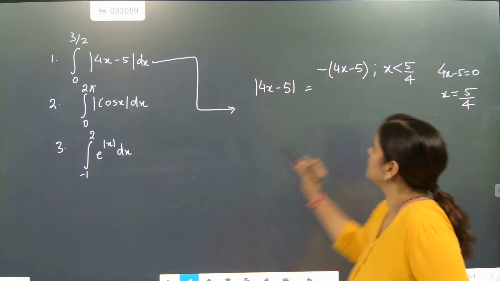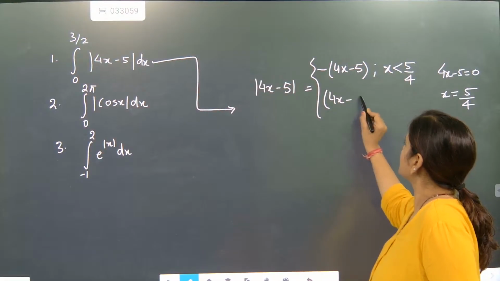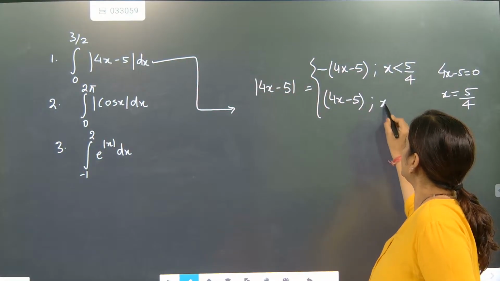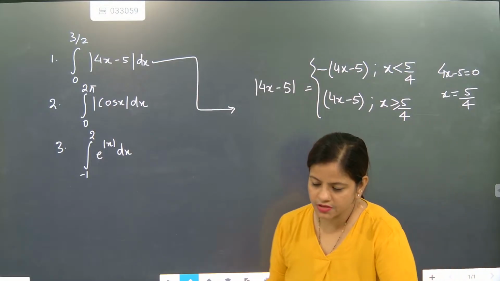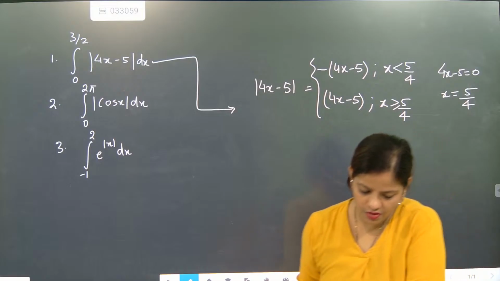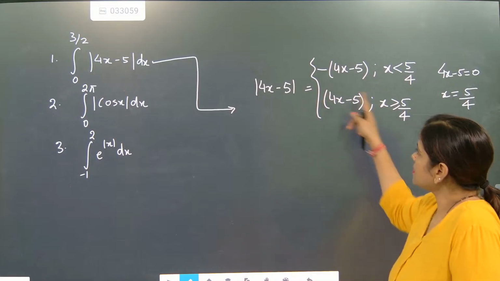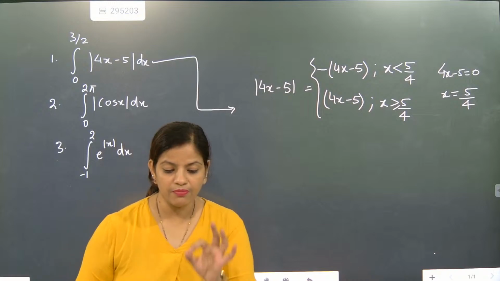Next part it will open with plus, when x is greater than or equal to 5 by 4. This is the most important part. Now start solving it. These are the two parts and the terminating point is 5 by 4.